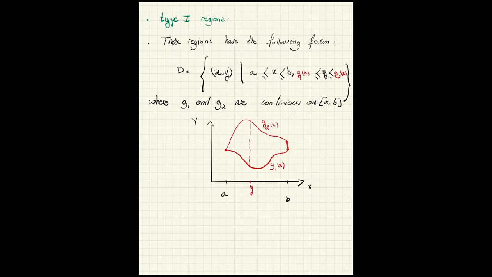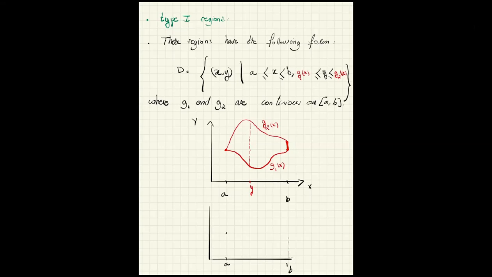There are several other examples. That's not the only way. You can have, for example, the same thing with a and b, and then you will have something that looks like this.